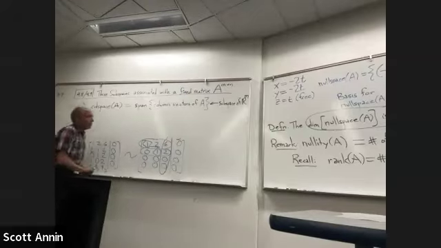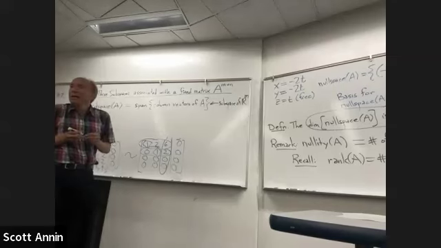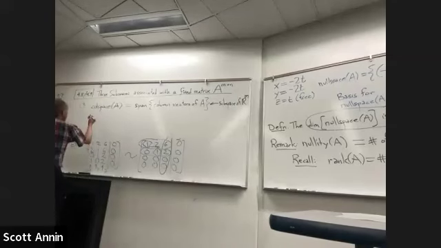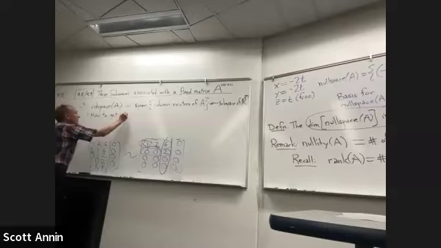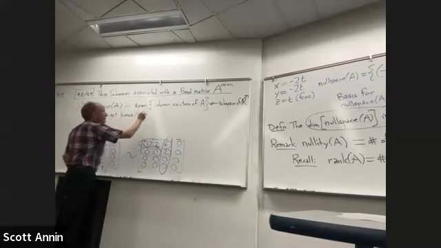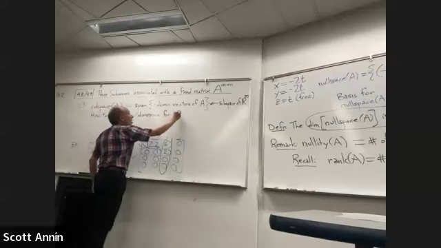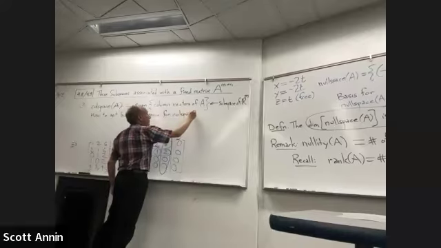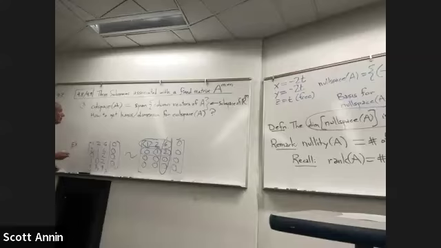So it's just the span of the columns. But the question that everybody's going to want to be able to answer is how to get a basis and dimension for the column space of A. Asking the question again.